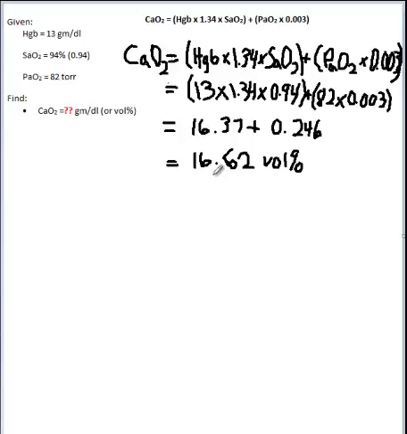You may have a question, by the way, about how many decimal places to carry out the problems. As a rule, you don't want to carry out more decimal places than you have in your original values. We do have a decimal right here, 0.94. We also have one here, 1.34.